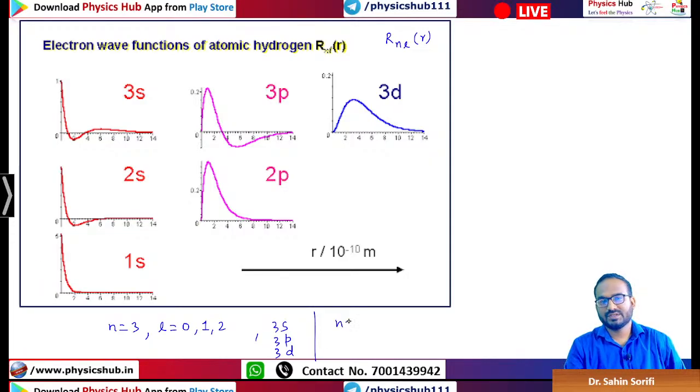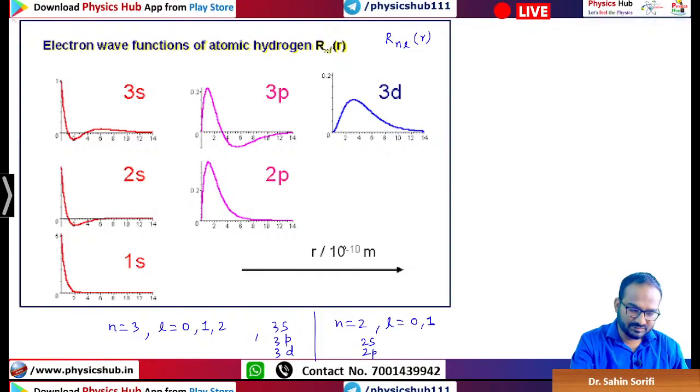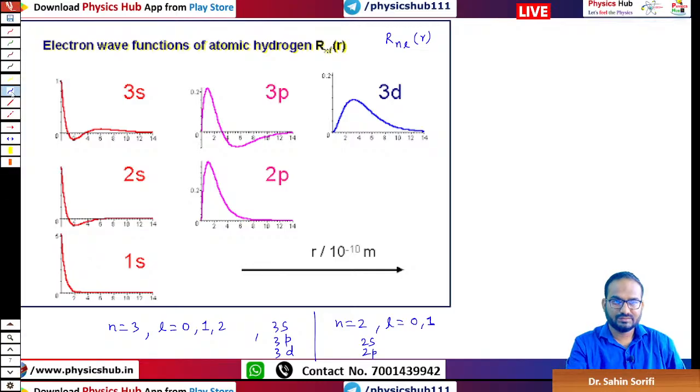Because if you take n equals 2, the allowed values of L are 0 and 1, since L runs from 0 to n minus 1. So 2, 0 means 2s, and 2, 1 means 2p. That is what you get as the 2 wave functions, 2s and 2p.